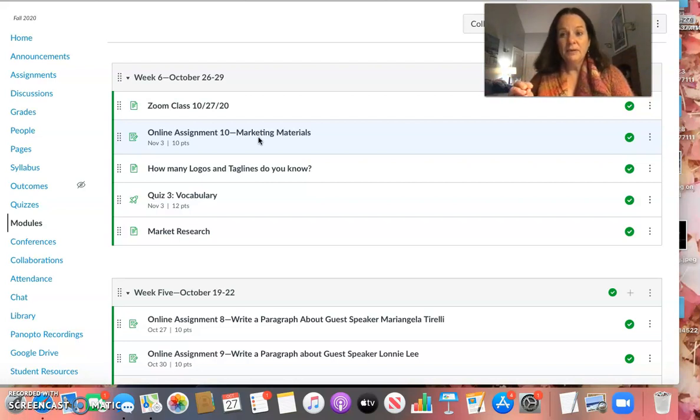They need to be simple, clear, descriptive, easy to remember, and catchy as far as the taglines go, something that is going to catch our attention and stick with us. So that's important to know about logos, taglines, and business names.